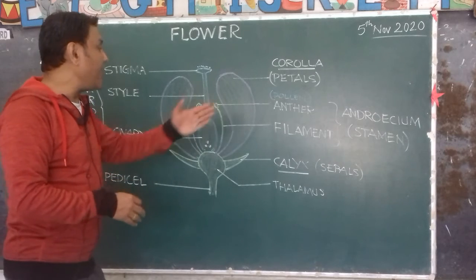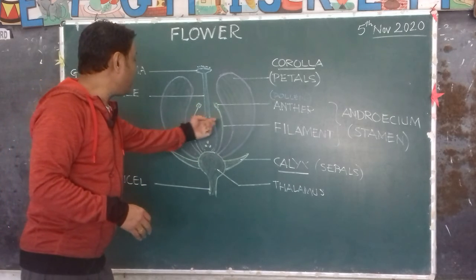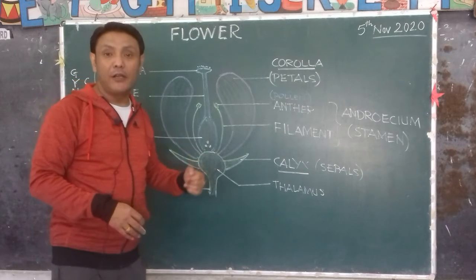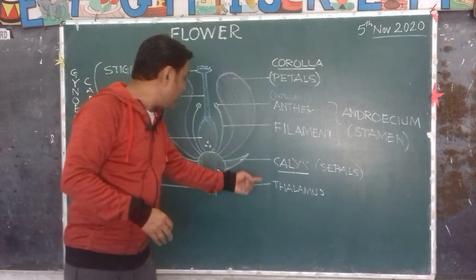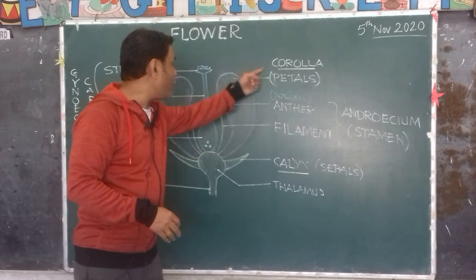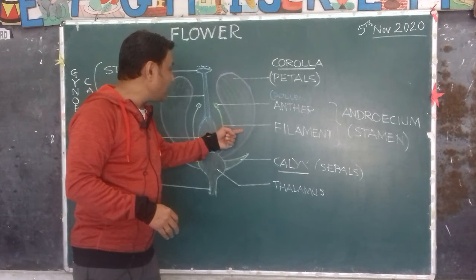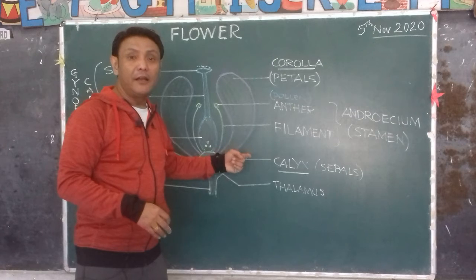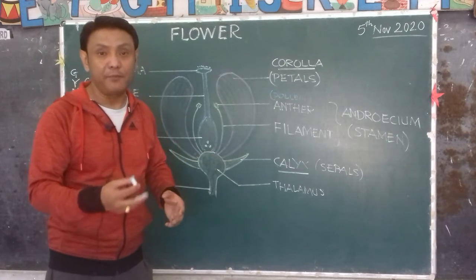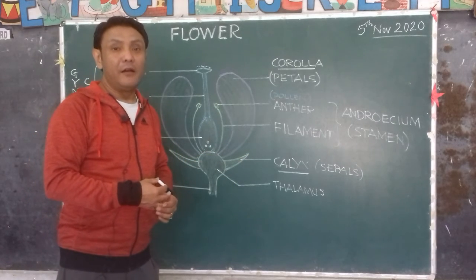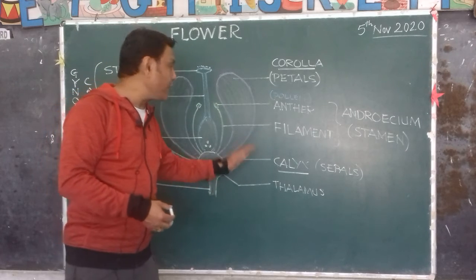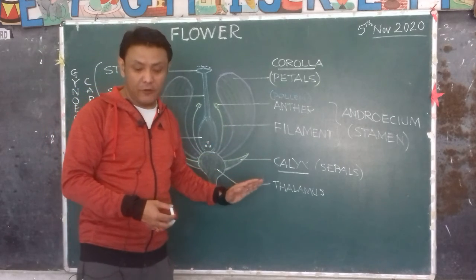So that is why the endoecium and the gynoecium are called the essential whorls, whereas the calyx and the corolla, the sepals and the petals, are called accessory whorls. They just help in sexual reproduction. They do not directly take part in it. Is it okay?